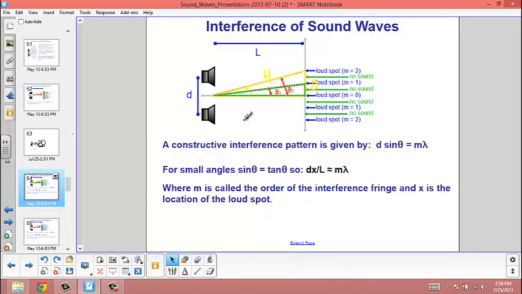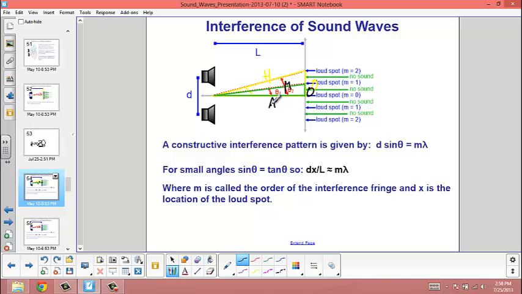But in the case of the triangle where the angle is very small, the hypotenuse will approximate the size of the adjacent. Sorry about that, the hypotenuse and the adjacent are labeled out.